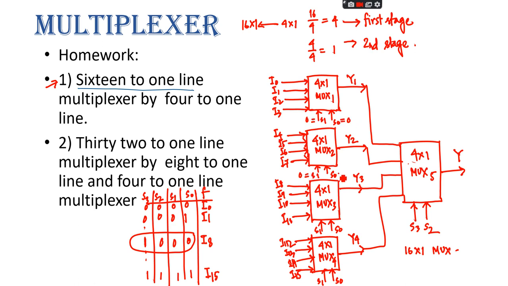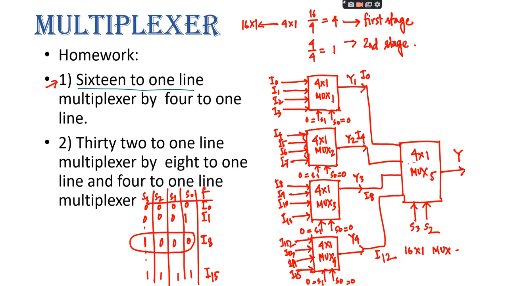Similarly, all of these should become 0. So what will be the output for multiplexer 1? I0. And for multiplexer 2, I4. And for this multiplexer, I8. And for this multiplexer, I12, right?